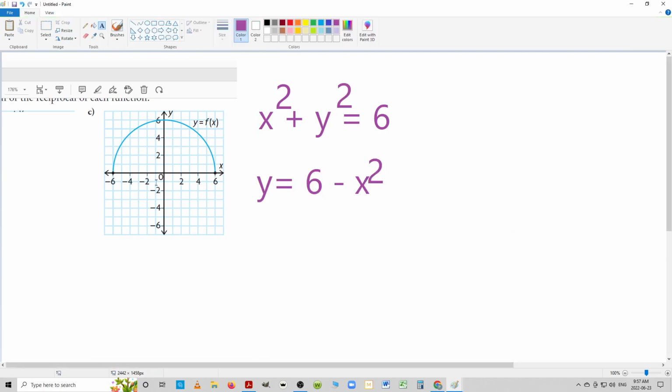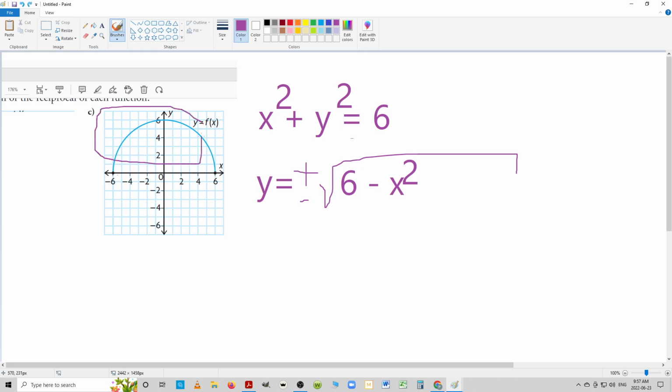And then we take the square root. Now when we take the square root, there we go. So it's actually this. And when we take the square root, we're supposed to create a plus and minus. The plus and minus would create the full circle. Clearly this is just plus y's. So the actual formula for this is that, because it's just the top half of the circle.